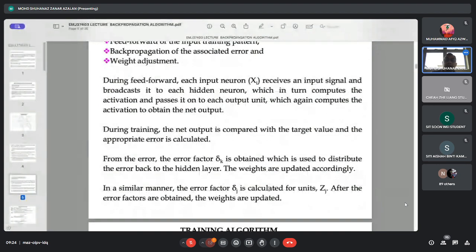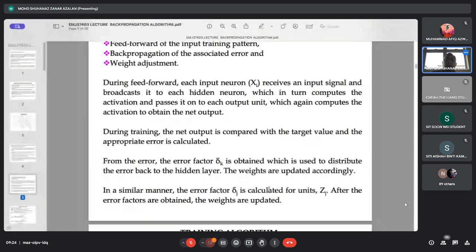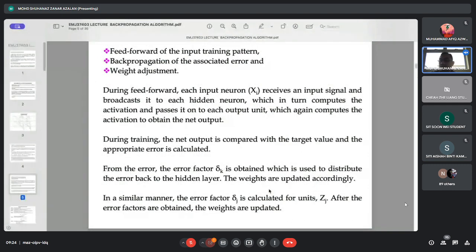So what is the difference between perceptron, Hopfield net, and backpropagation? The difference is, in perceptron we train and update the weightage until the weightage is the same as the weightage before.